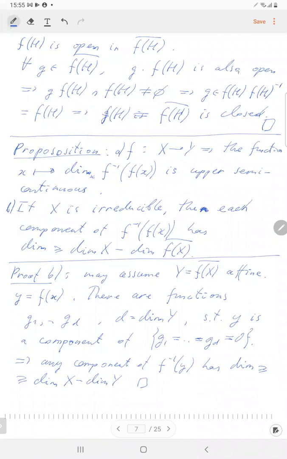Now let's go to the first statement, A, the upper semi-continuity of the dimension of fibers, and again this will be proved by some sort of Noetherian induction. So to prove A, we may assume that X is irreducible.